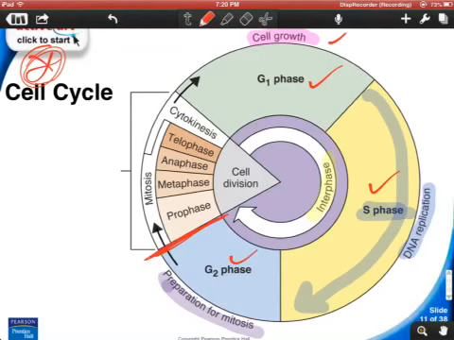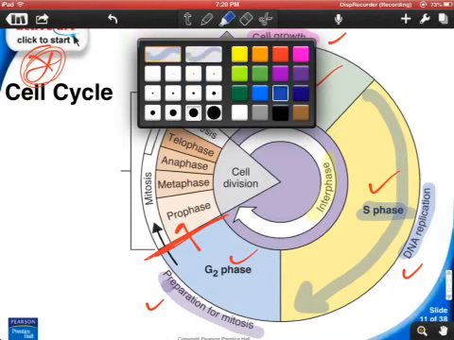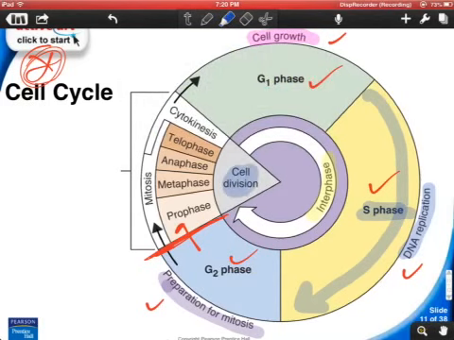And so basically, after it grows, it copies its DNA, and then further makes any final preparation for mitosis. It has a little checkpoint here. And once it gets the green light, it'll then enter what we actually call cell division, or mitosis.